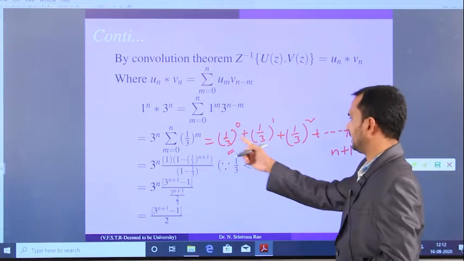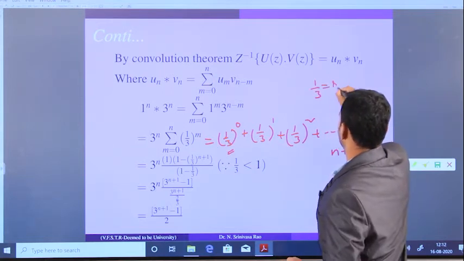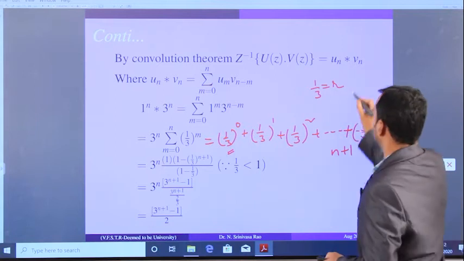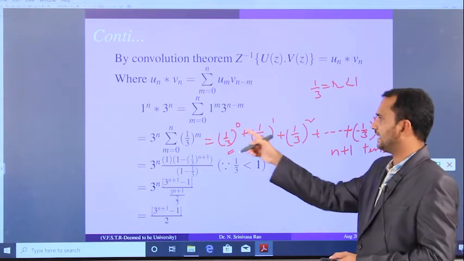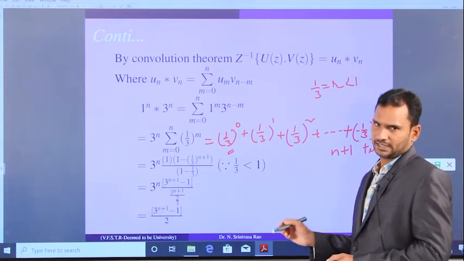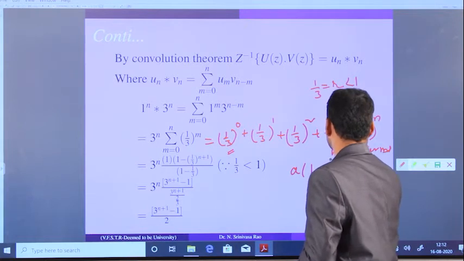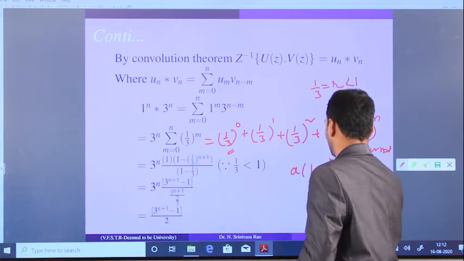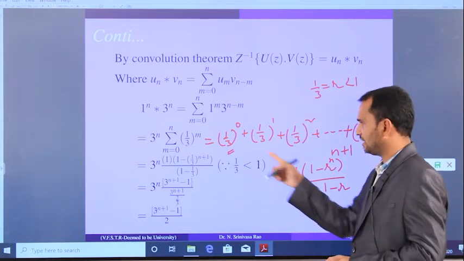Here this 1 by 3 is called the common ratio, called r. If r is less than 1, the formula for the sum of n terms in a geometric series is a into 1 minus r power n by 1 minus r, where a is the first term.